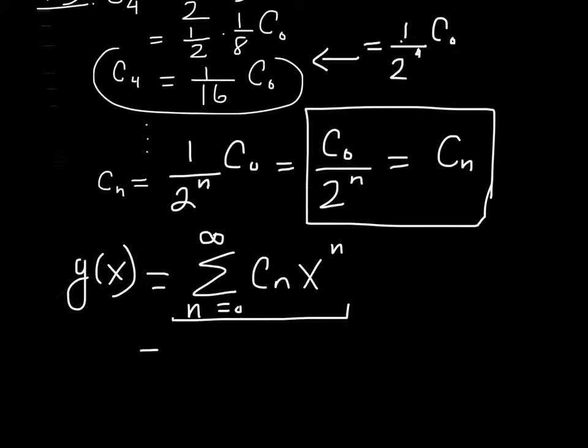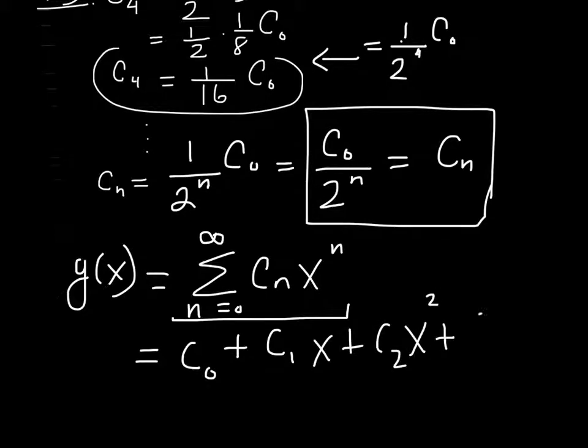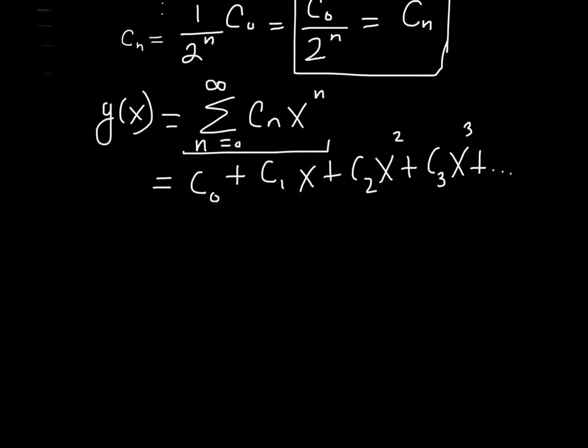This means if we plug in C naught, we get C naught x to the 0, which is just 1, plus C1 x to the 1, plus C2 x squared, plus C3 x to the third, plus dot dot dot, right? We have our infinite sum, and we found our Cn's. So we can input these Cn's.